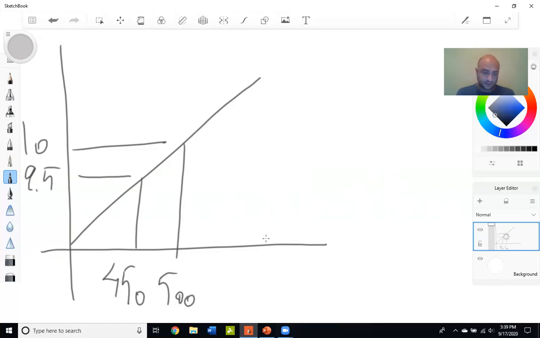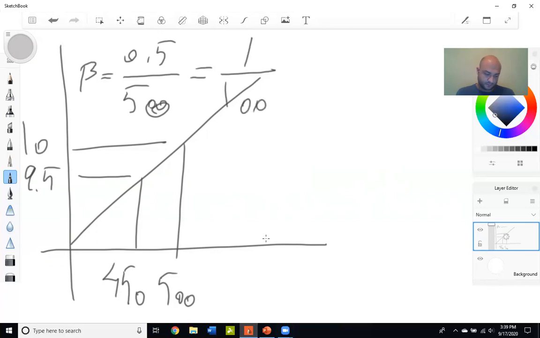So if we do the same method, first let's find the slope. Let's call it beta. This is 0.5 over 50, which is equal to 1 over 100. So this is our slope.